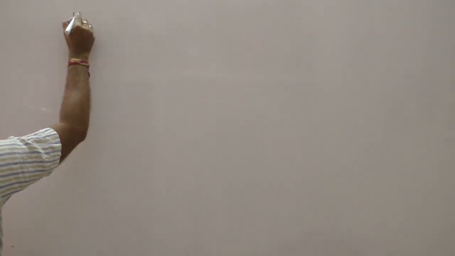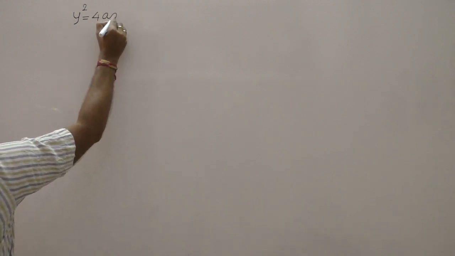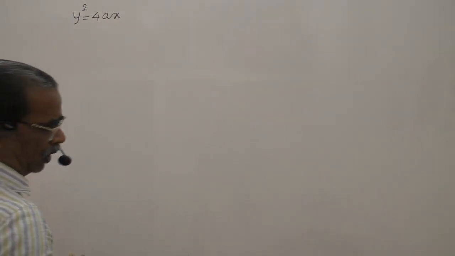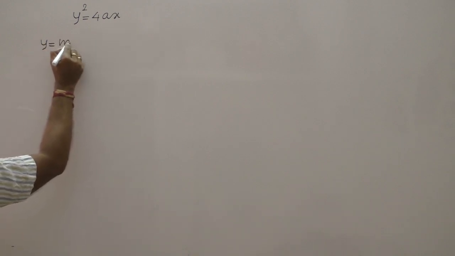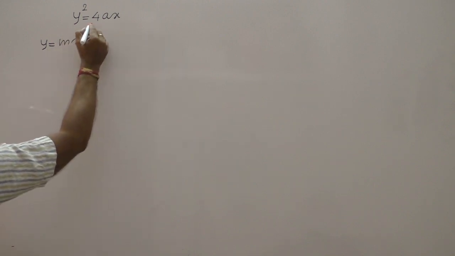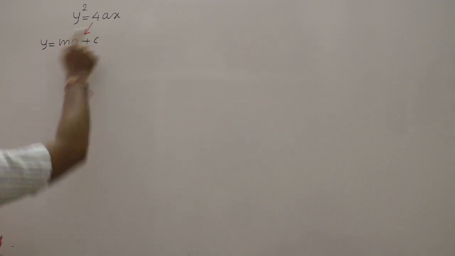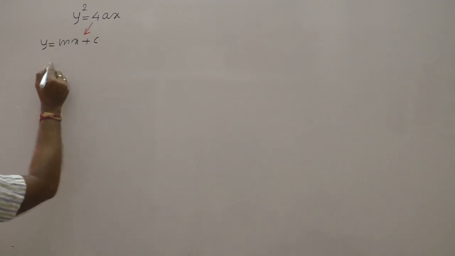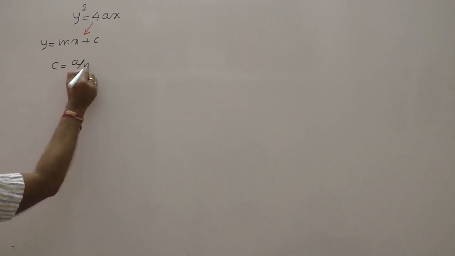Yes, for the parabola we have seen. Listen now. For the parabola y square equal to 4ax, if a line y equal to mx plus c touches the parabola, then c is equal to a by m.